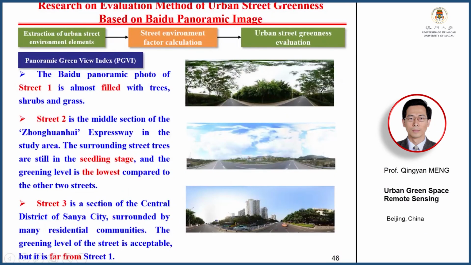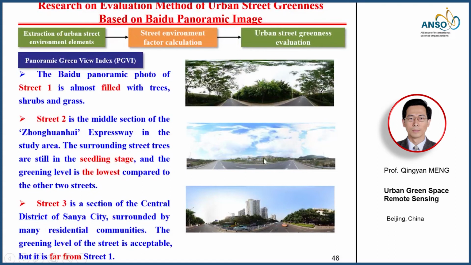Then we can see from the PGVI that the Baidu panoramic photo of street one was filtered with the trees, shrubs, and grass. Street 2 is the middle section of some expressway in the study area.